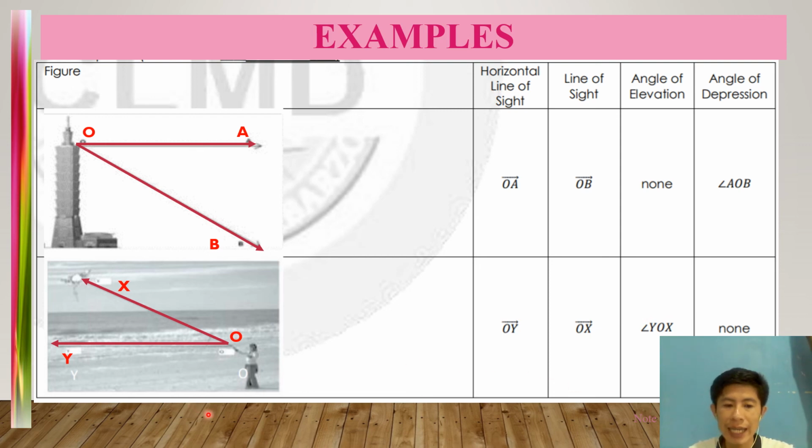Okay, yun muna yung i-identify nyo. Kasi kapag nakita nyo na yung location of the eye ng observer natin, makikita nyo naman kung alin doon yung horizontal straight line, tsaka kung alin doon yung diagonal na line. So, automatic yung straight line na horizontal, yun ang ilalagay nyo sa horizontal line of sight. And then, yung line na diagonal, yan naman ang ilalagay natin sa line of sight.